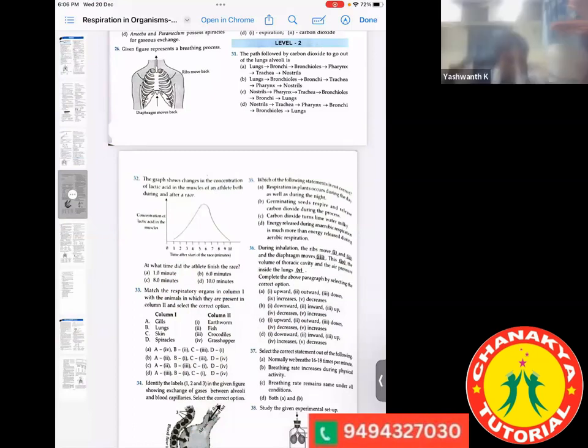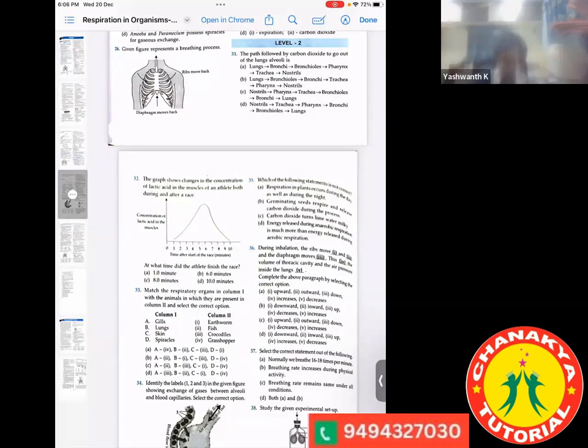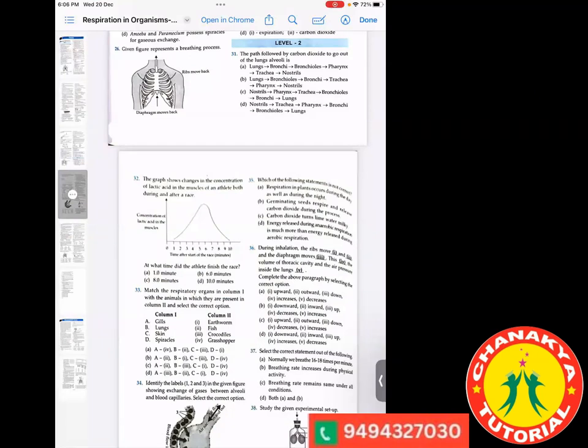Yashwant, you can open the PDF on your mobile also, right? I think I have uploaded it. Yes, on the laptop you can open it. Under the resources, you will be able to find this file. Under the homework folder, it will be there with the name Respiration in Organism, 7th questions.